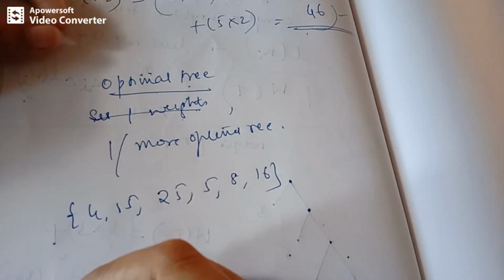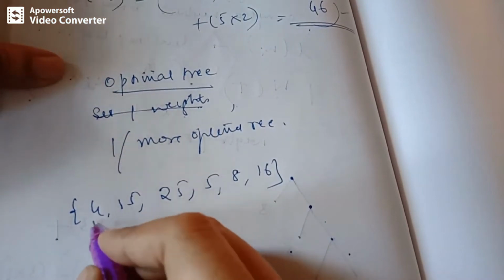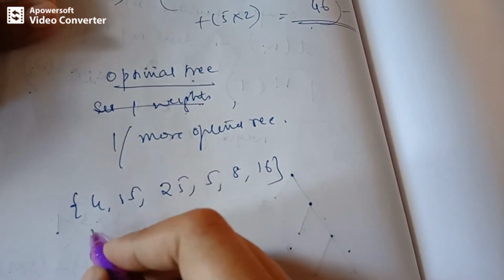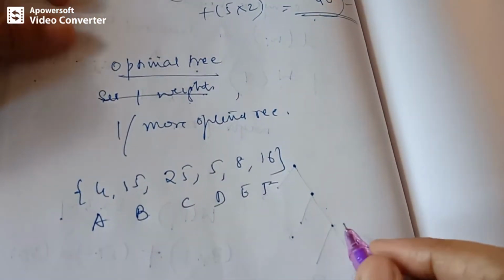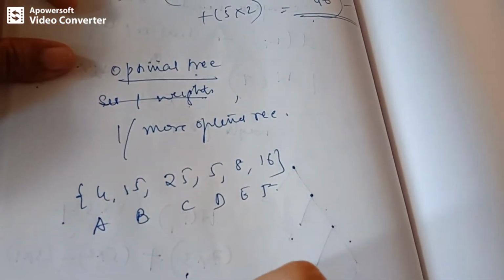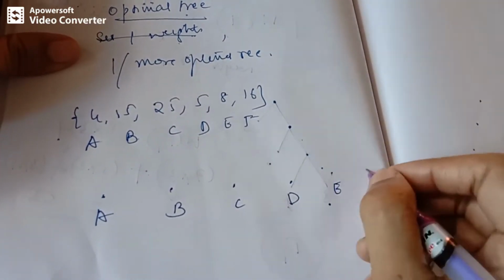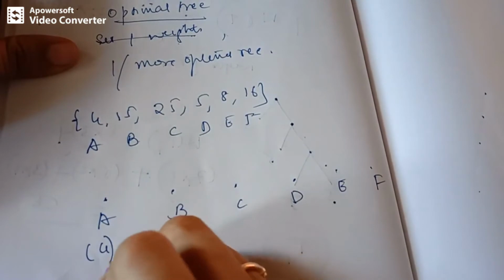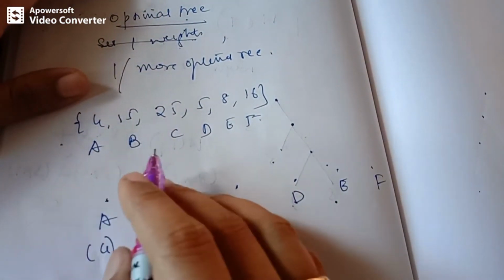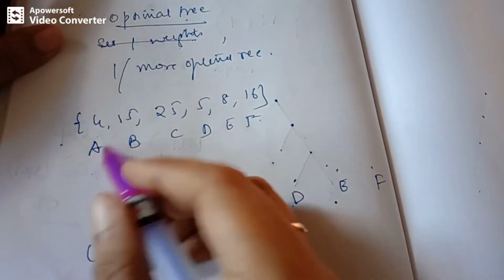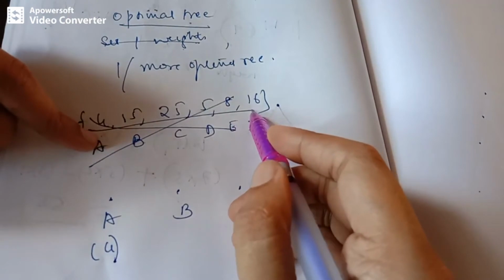And let us first arrange these weights in order. I am labeling these as A, B, C, D, E and F, so I will be labeling them with their nodes. Instead of labeling directly, I will first arrange these numbers in increasing order.